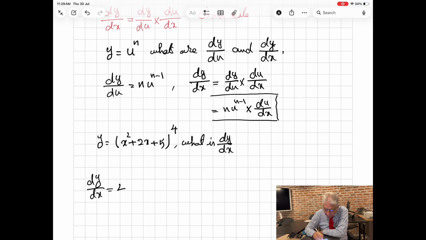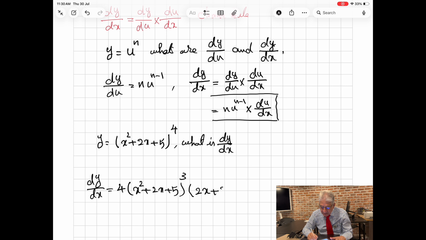So it will be 4 times of x squared plus 2x plus 5 to power of 3. That is this part. Now times, now I have to write du by dx. Du by dx, that means derivative of this with respect to x. Then that will be 2x plus 2.